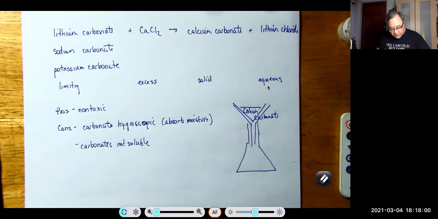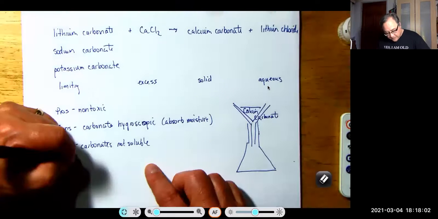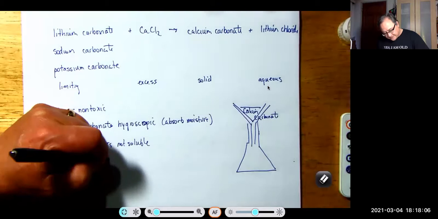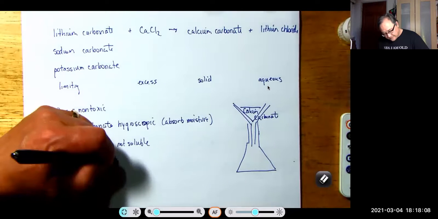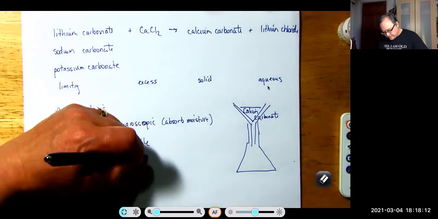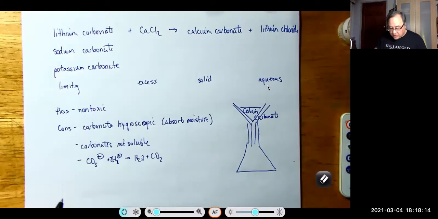Another con with this one is that carbonates and acid turn into H2O and CO2. And the CO2 would bubble out, and that's a problem. So you want to make sure that you don't put any acid in your solutions either.